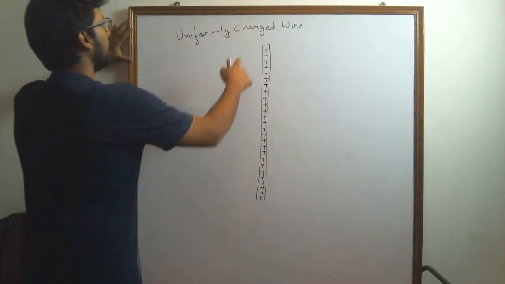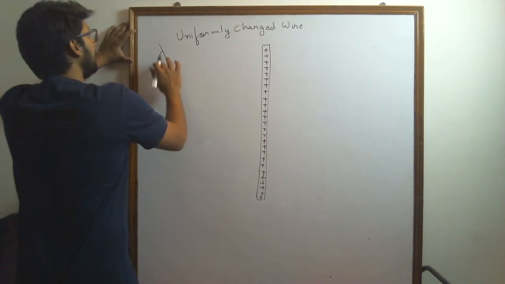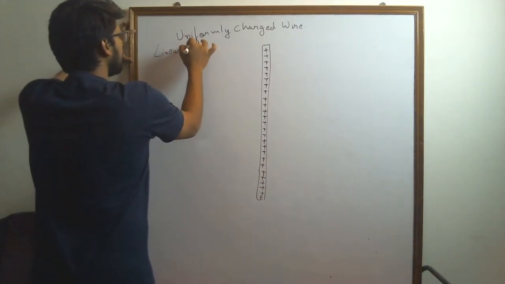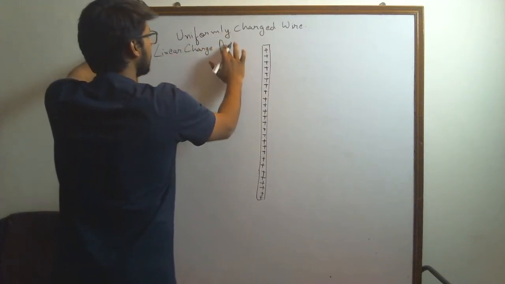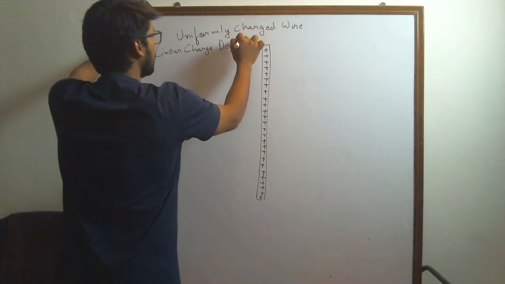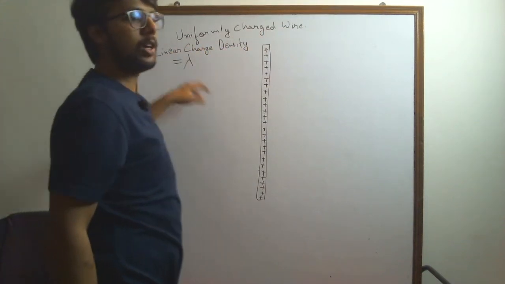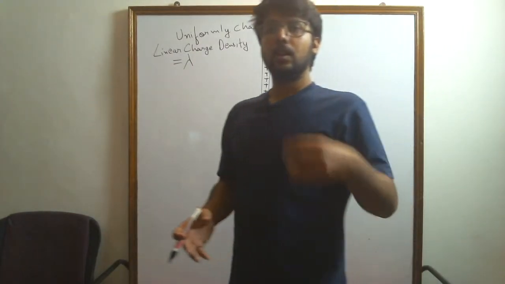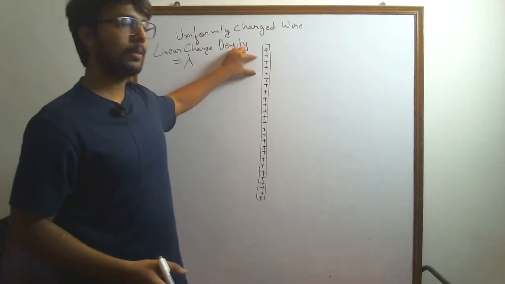Once we figure that out, I call that linear charge density, which I am denoting by lambda. Linear charge density is nothing but the amount of charge on that wire per unit length.